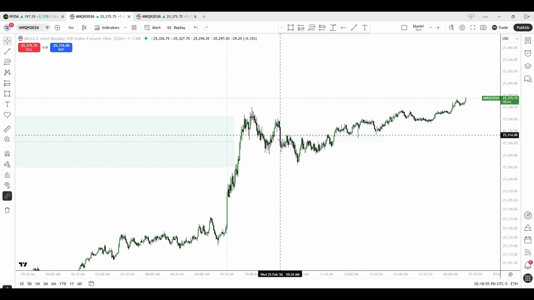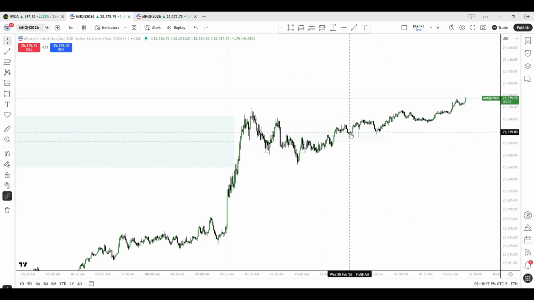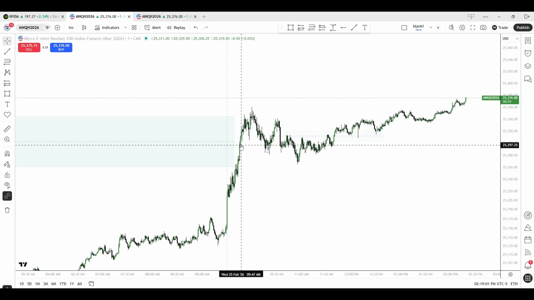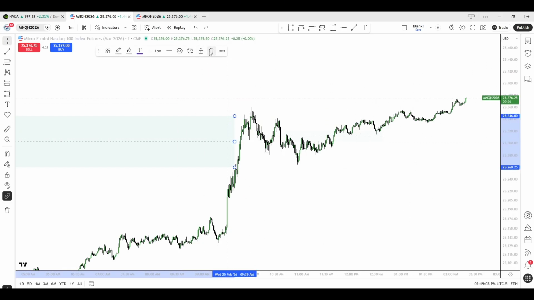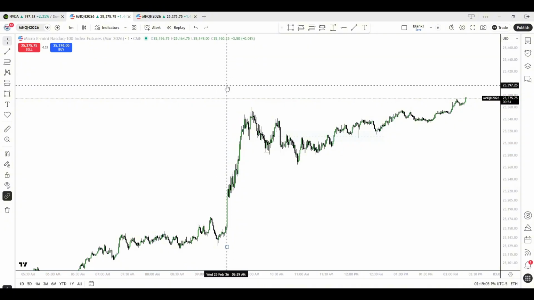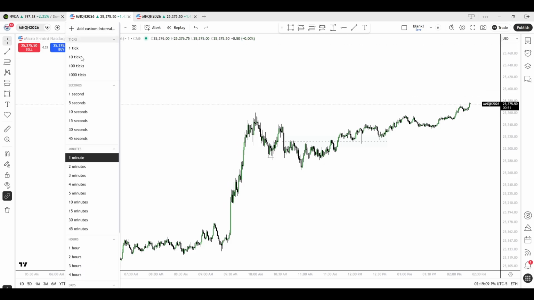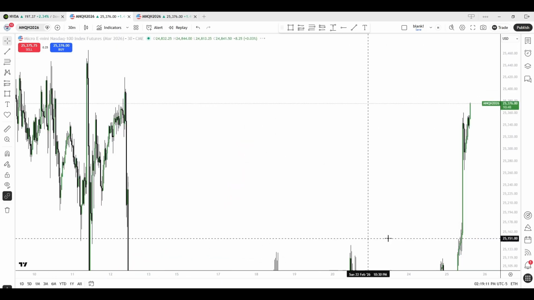I have this inversion fair value gap marked out. We got above it, traded down into it twice, and now we just continue to see if they want to press prices higher, headed into the 2 p.m. Eastern time trading session.